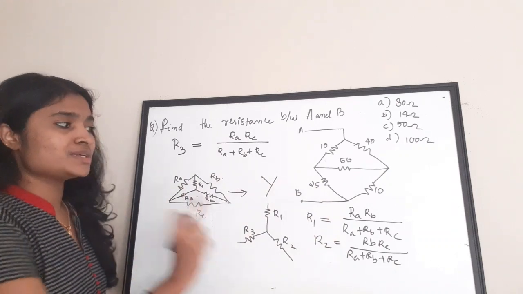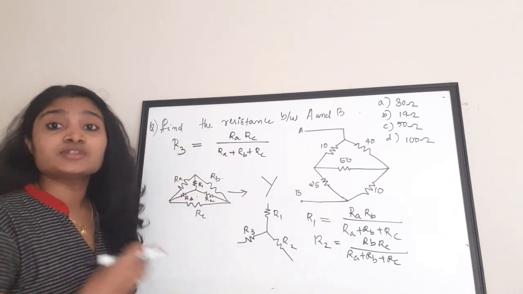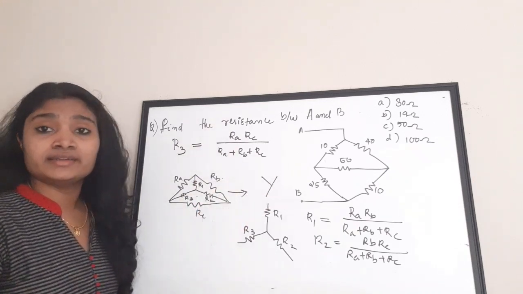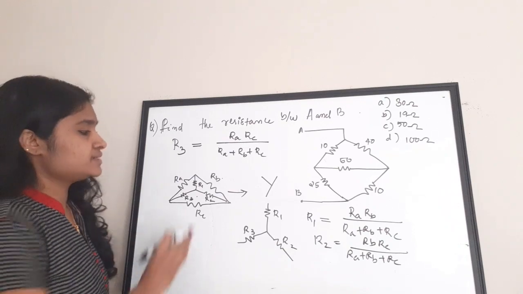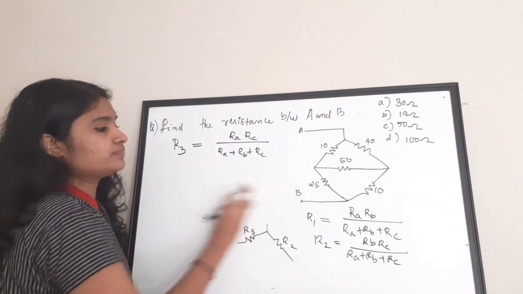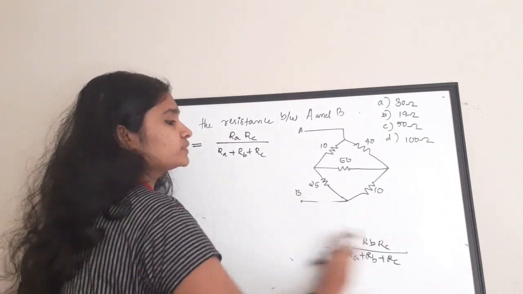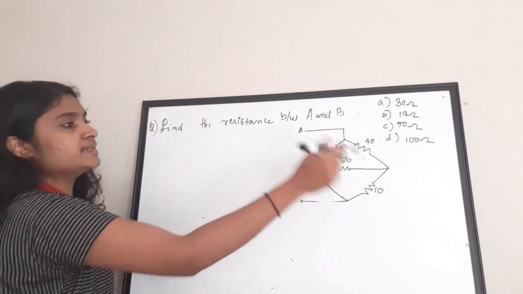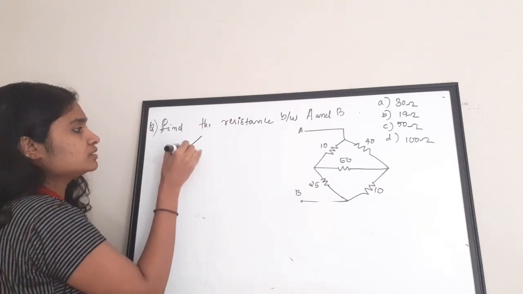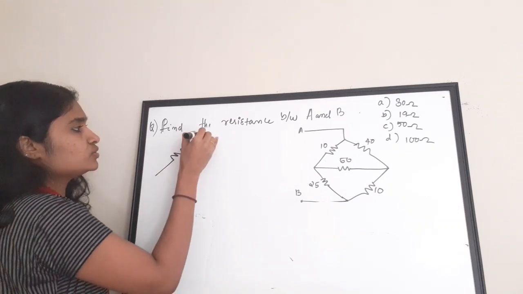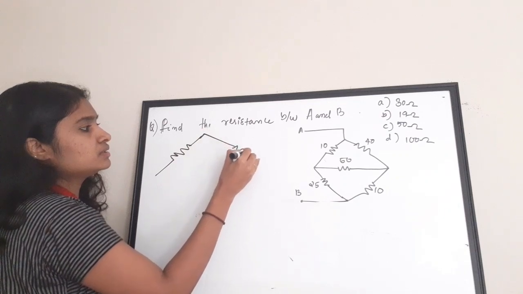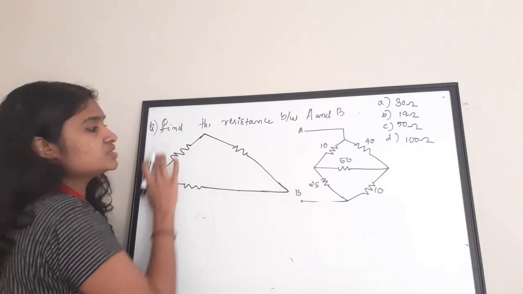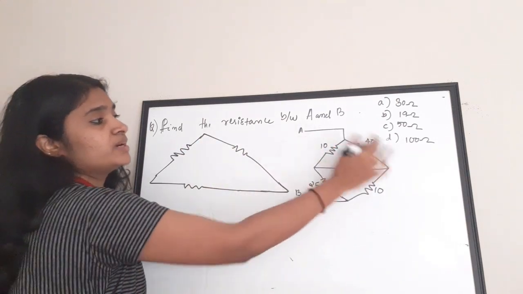Now in this question, I am going to apply the delta to Y conversion and try to solve the network to find the equivalent resistance. Let us see how. First I am going to take my delta, which is the top portion of my circuit.